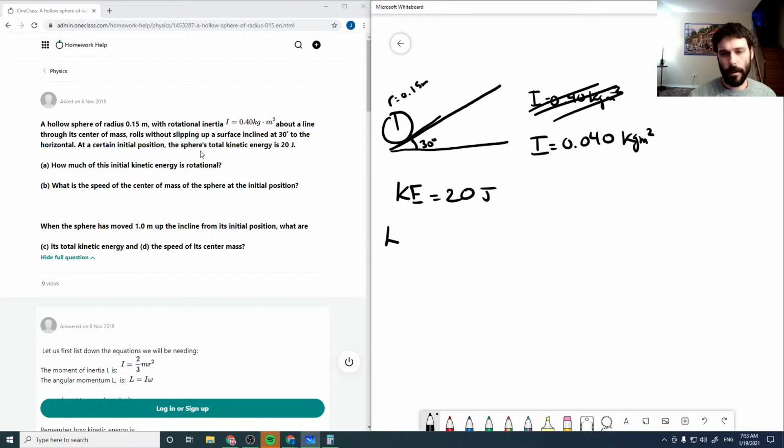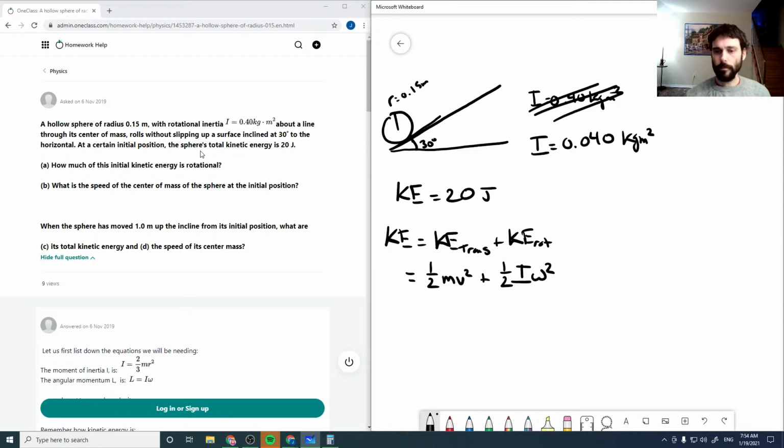And now our kinetic energy is going to be translational plus rotational. So our translational is just 1/2 mv squared, and our rotational is 1/2 I omega squared.